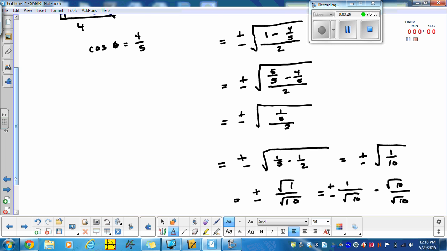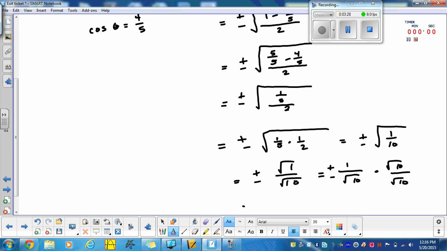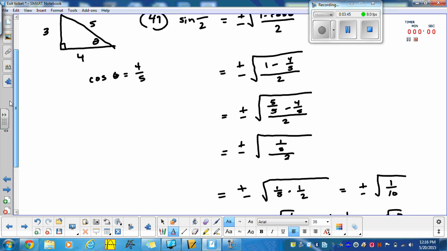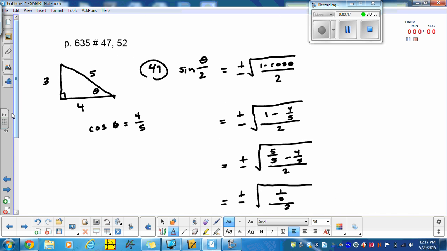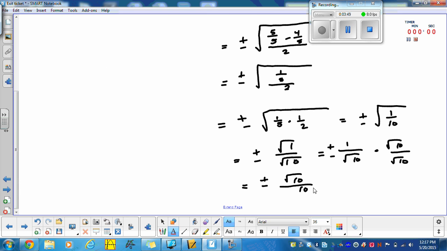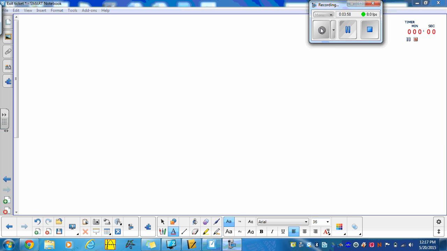Our final answer then is plus or minus the square root of 10 over 10, since the square root of 10 times the square root of 10 is 10. So the sine of theta over 2 is plus or minus the square root of 10 over 10, and that is your exact answer.